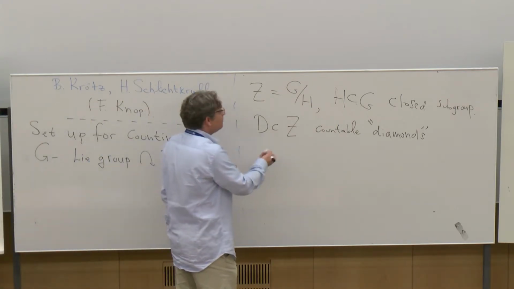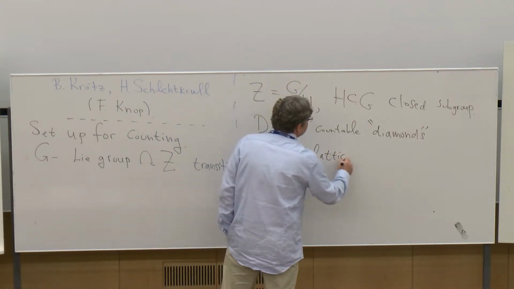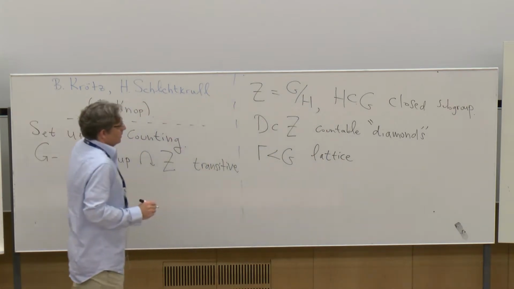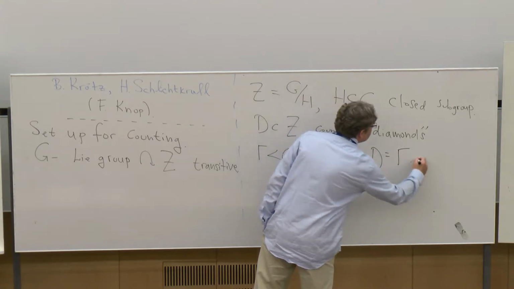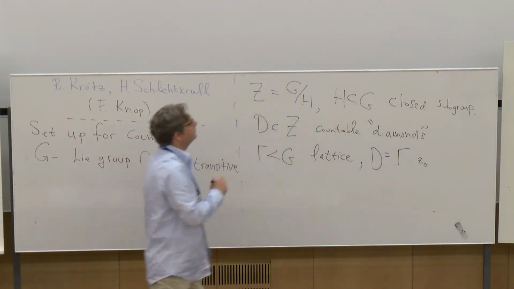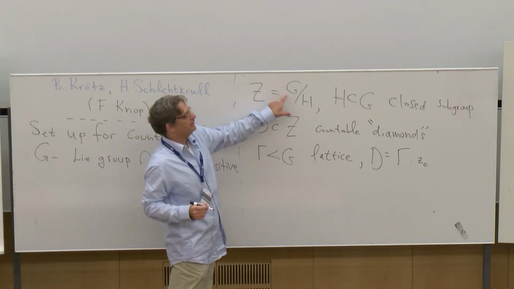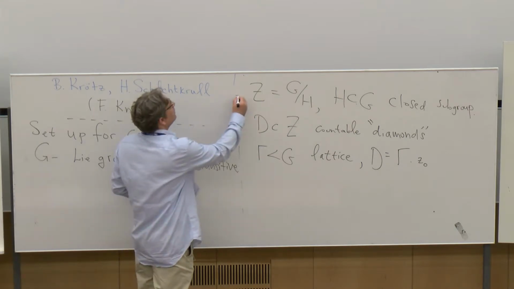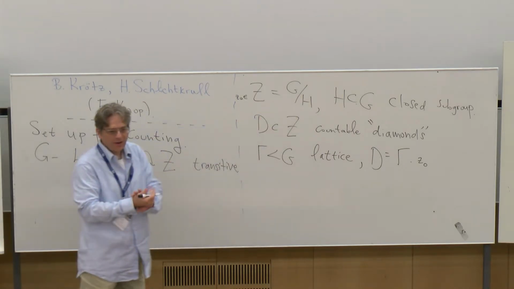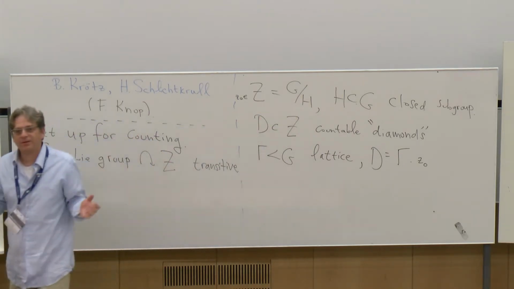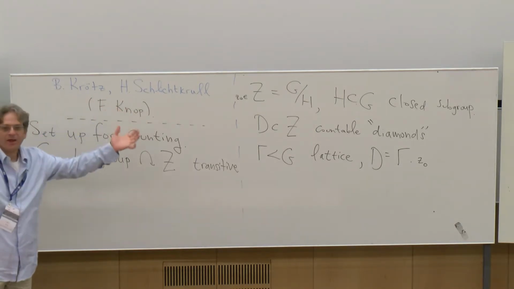A typical setup for that would be Gamma in G is a lattice, a discrete subgroup, and D is, say, the orbit of one point in Z. Z naught represents the class of H, or the identity element in G gives me a particular base point in Z. So this is the diamond I want to collect. But then, of course, they are infinite.